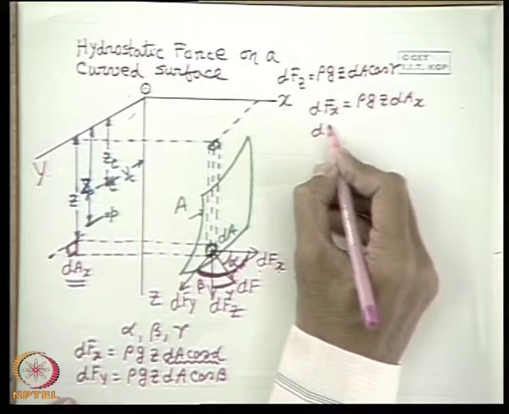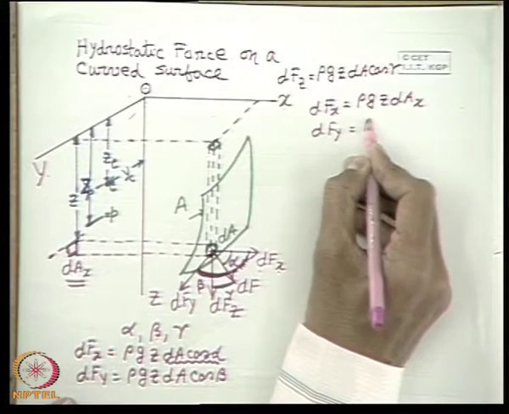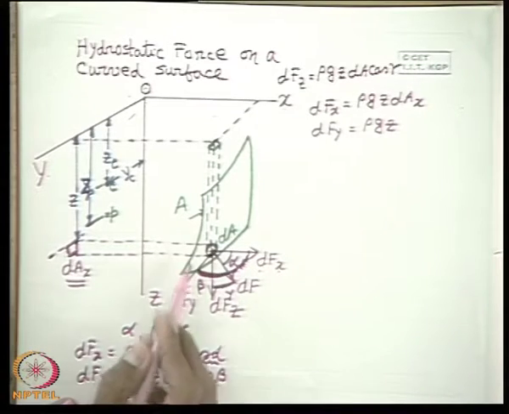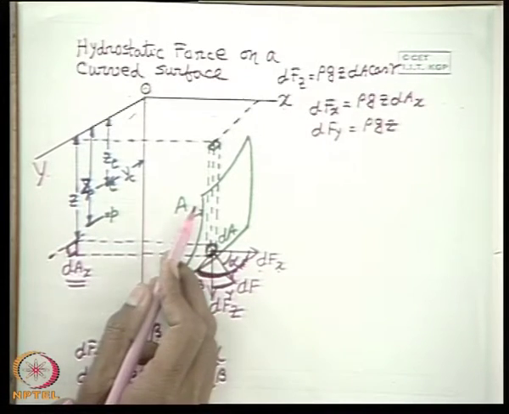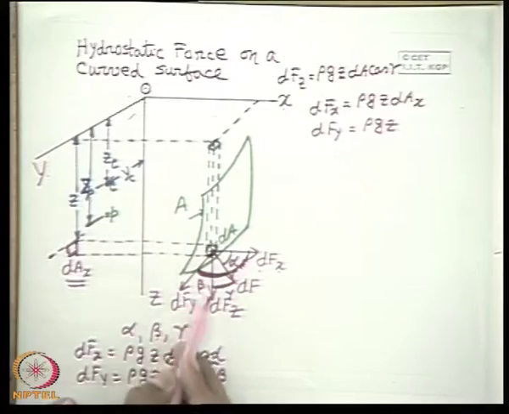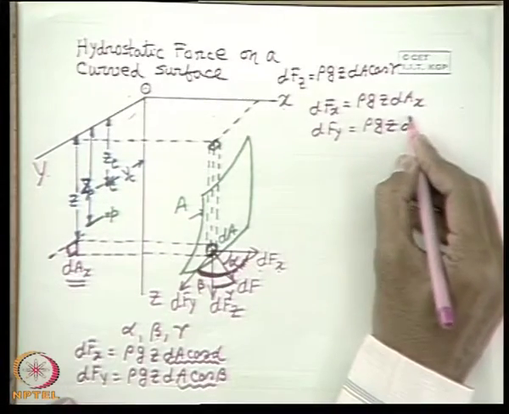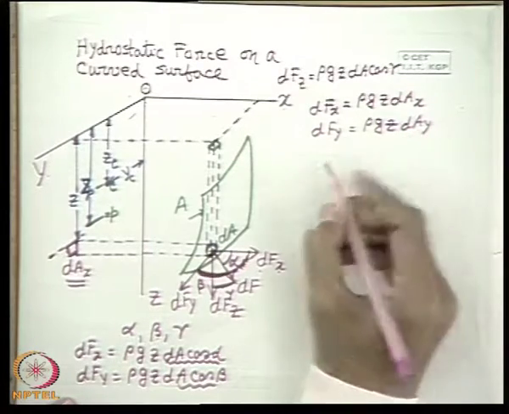Similarly, dA cos beta will be the projected area of dA on a plane whose perpendicular is the y direction, that means on the xz plane, that we represent as dAy.